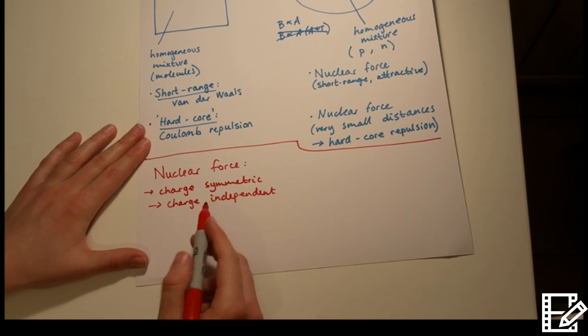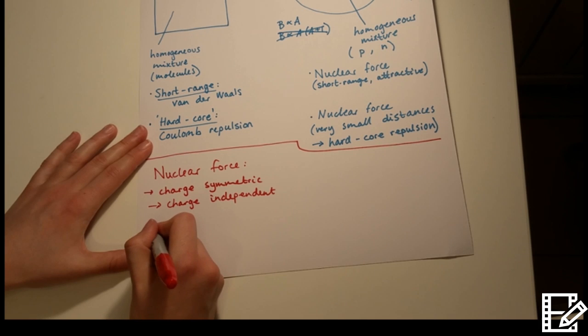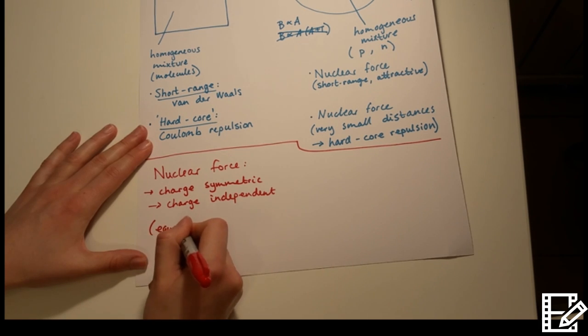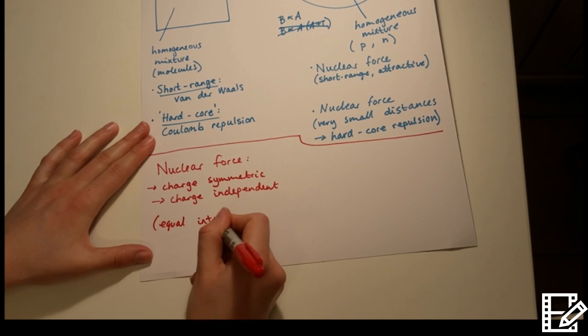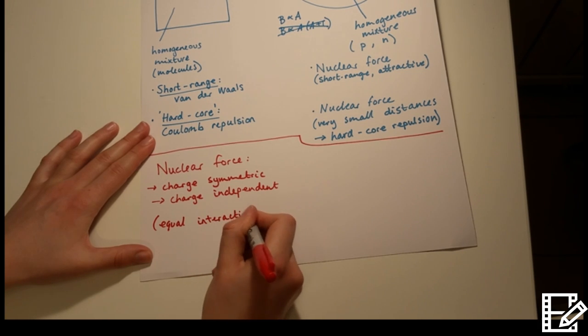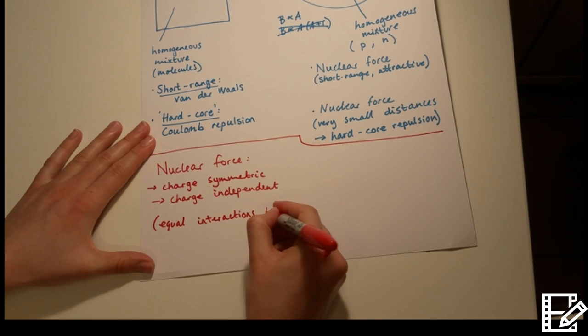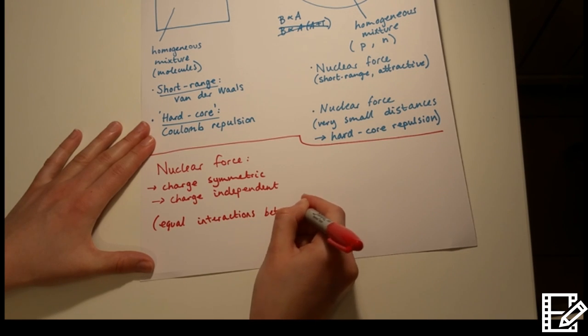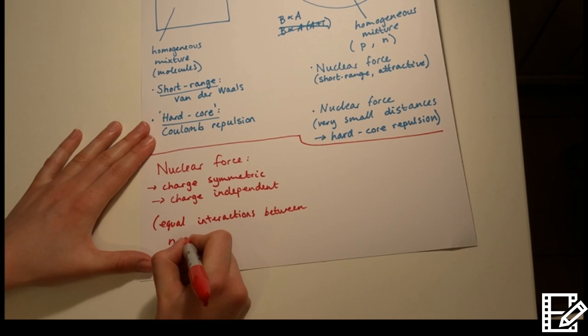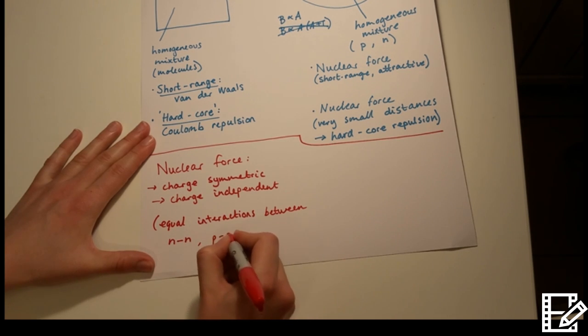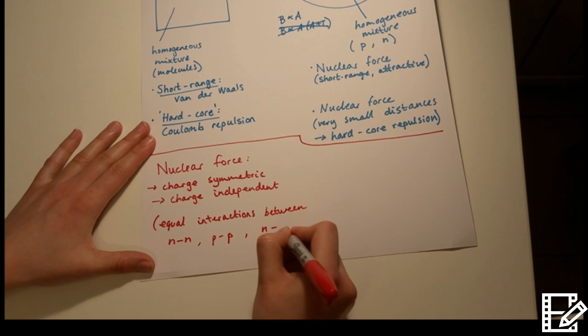And what this is essentially saying is that there will be equal interactions between a neutron and a neutron, a proton and a proton, and a neutron and a proton.